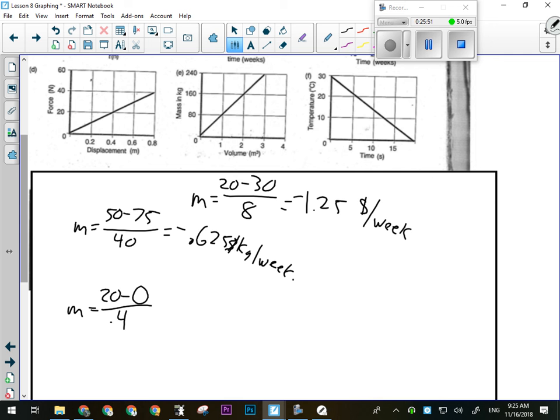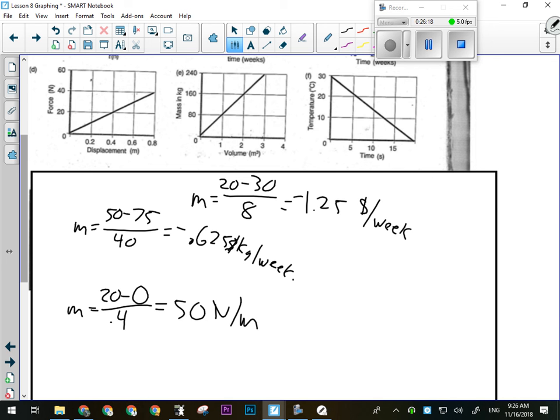Okay, would I get the same answer if I used 40 and 0.8 meters? Yeah, I would. Any point on the graph will work. They're all on the same line. Okay, so 20 over 0.4 should be 50, yeah? I think. So that'll be 50 newtons per meter. No, this one's not cubed. Next one will be cubed. Okay, questions on that one?